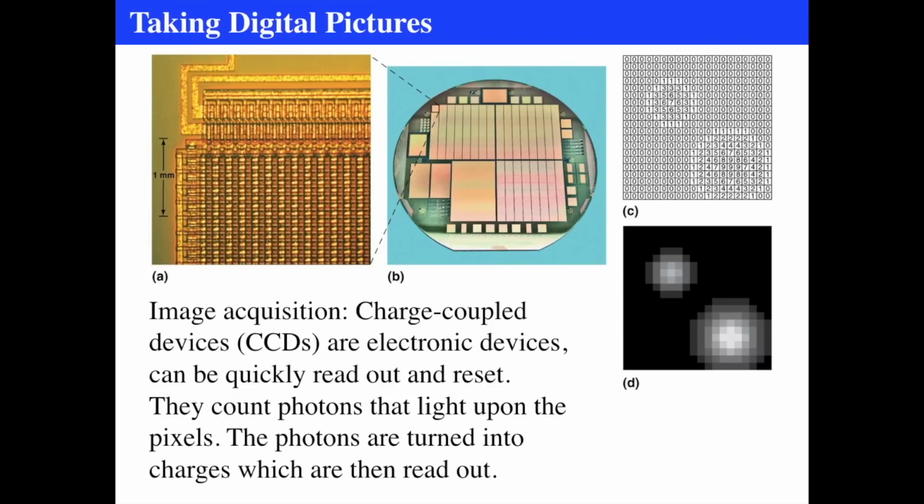So the light drops upon the grid, and it excites an electron out of an atom, and that electron is a current, so it gets stored in a voltage below the collector area. And then that gets read out periodically. Maybe you wish to take a 60-second image, or maybe a 1-second image.